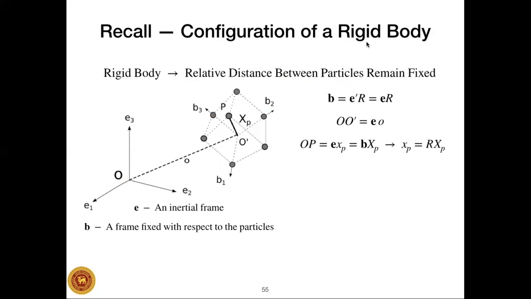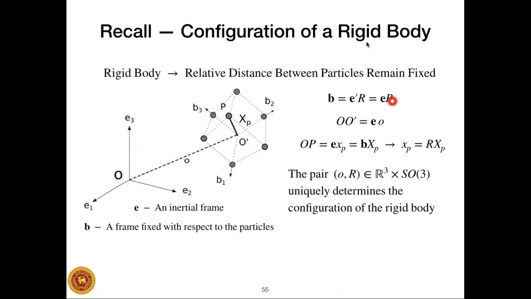So we saw that that can be given by the location of the origin of the body fixed frame with respect to the E frame, and the relationship between the B frame and the E frame given by a special orthogonal matrix.